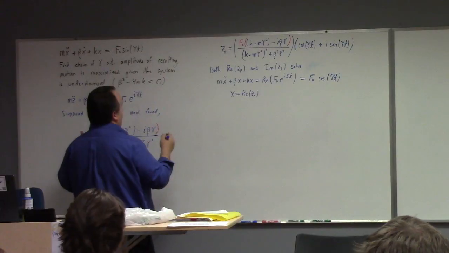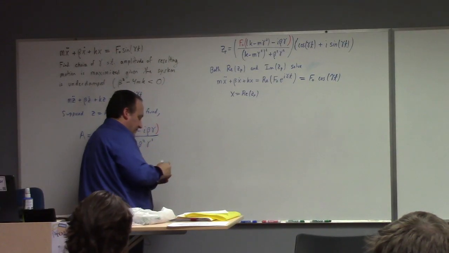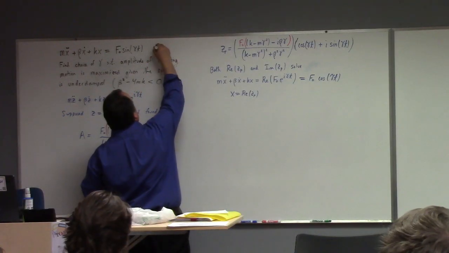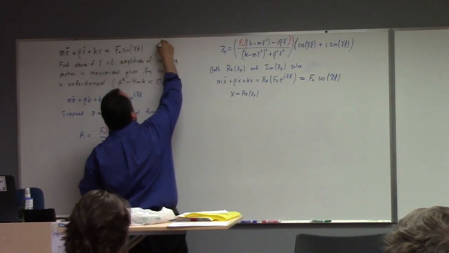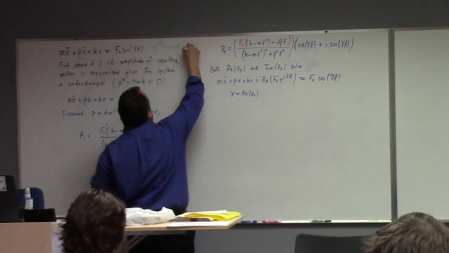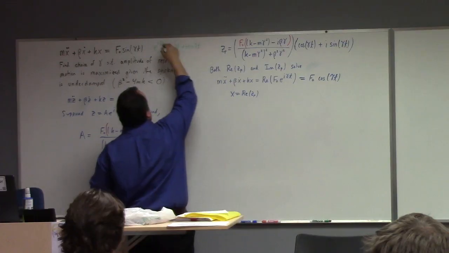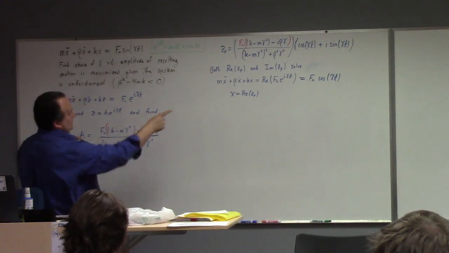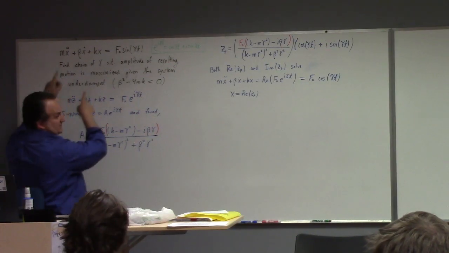We should remember throughout all this that the formula for the imaginary exponential is e to the i gamma t equals cosine gamma t plus i times sine gamma t. All right? So that's not the thing I'm trying to solve, though, is it? Right?